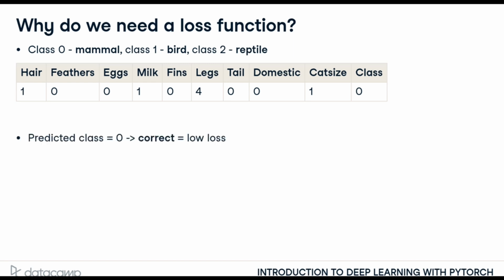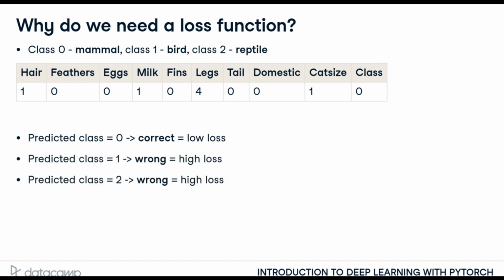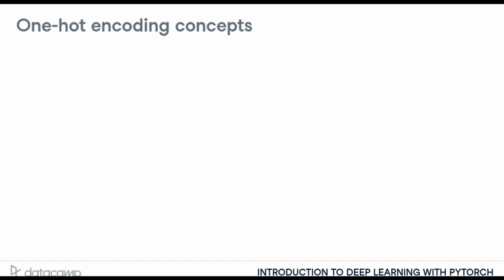If our model predicts that the class equals 0, it is correct, and the loss value will be low. An incorrect prediction would make the loss value high. Our goal is to minimize loss.